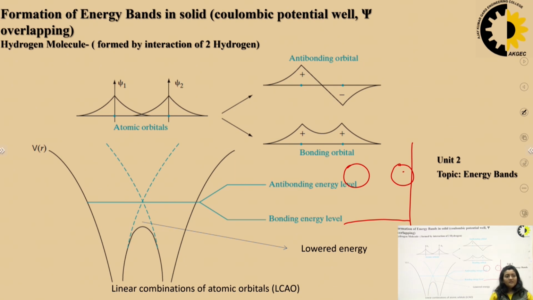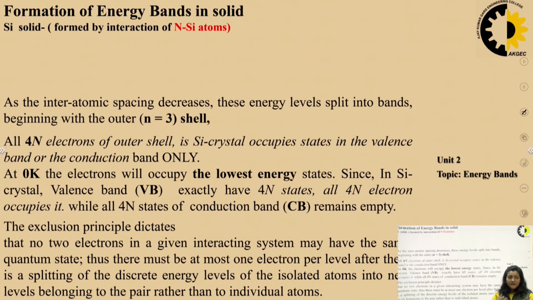So this potential well possesses energy due to the overlapping of two atoms. As we increase, the formation of energy levels is created.